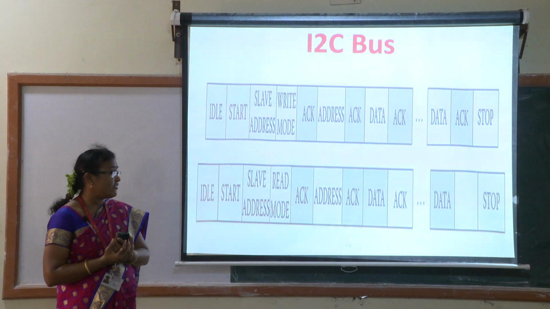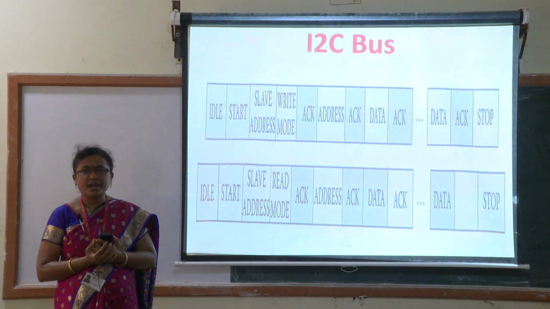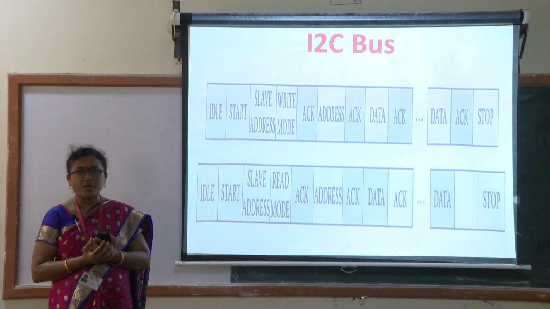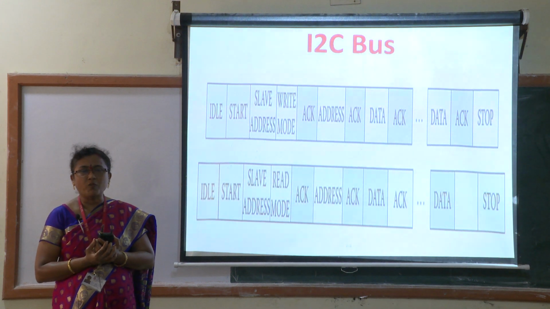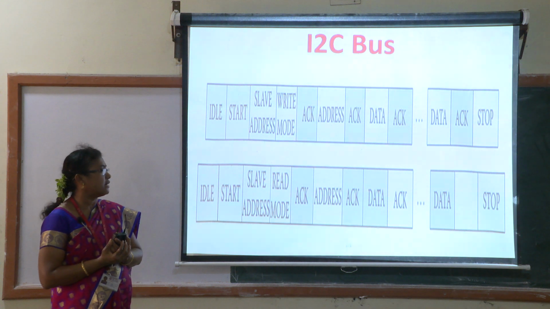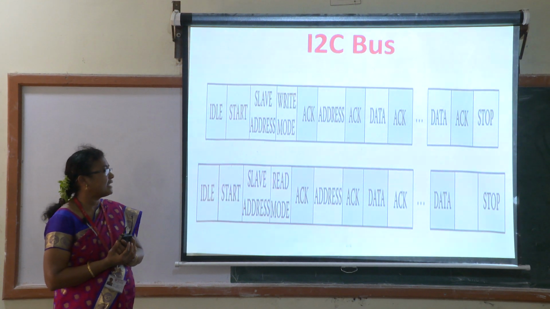After receiving everything, you again get one more acknowledgement bit. Why is this required? For every 8-bit data, you require one acknowledgement bit. That is the 9th bit, to avoid interference or any conflicting data. That's why here I mentioned with a dotted line, again the data will be there.